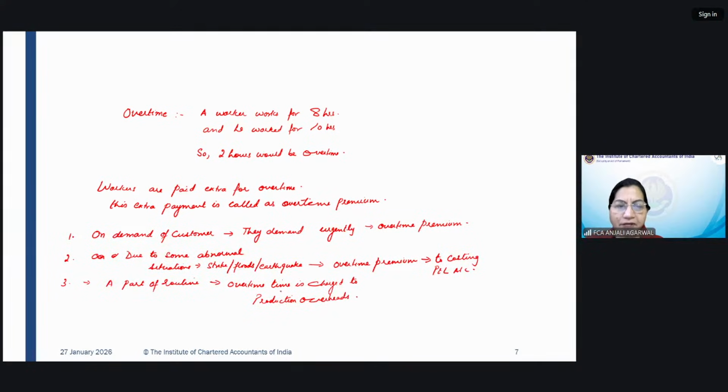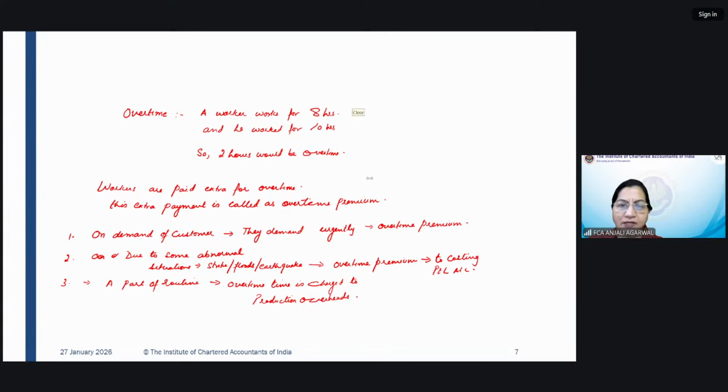So how do you treat the overtime? That depends upon why the overtime was required. If it is because the customer wants it, then you can charge it as direct labor cost. If it is because of some abnormal reasons, you will charge it to costing P&L account.